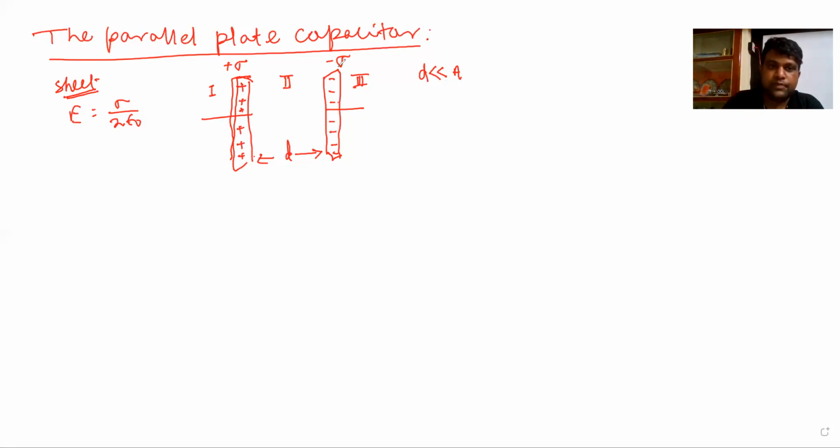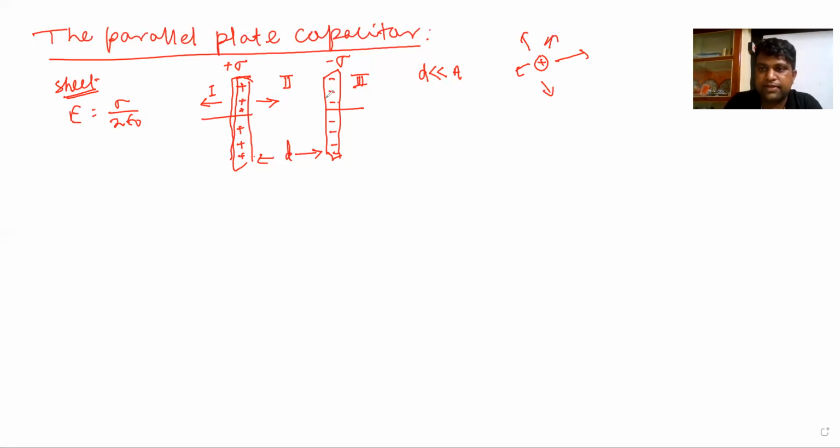Due to the positive plate, the electric field will be to the left in region 1, and in region 2 this will be to the right, because by convention, for a positive charge the field lines are away. This is the concept of electric field lines.